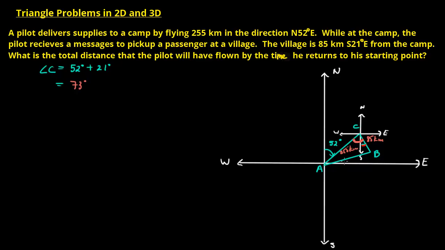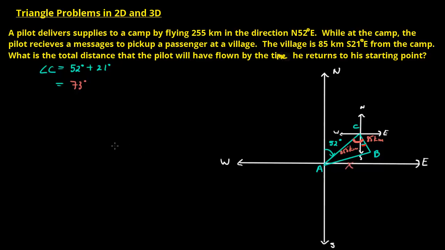So here we have this triangle, and we know these two sides. We have this contained angle. We know that angle C is 73 degrees. And what we're tasked with finding is this other side, AB. We want to know what this side is.